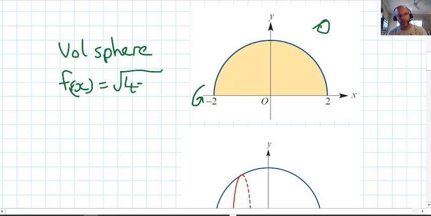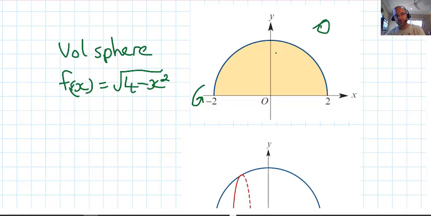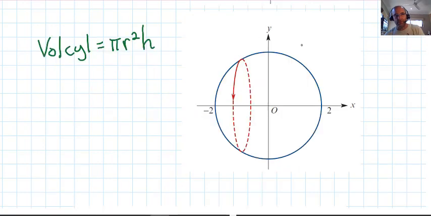If it was, say, square root of 4 minus x squared, like this example, we could rotate that around and produce a solid, and that solid from that semicircle would be a sphere.